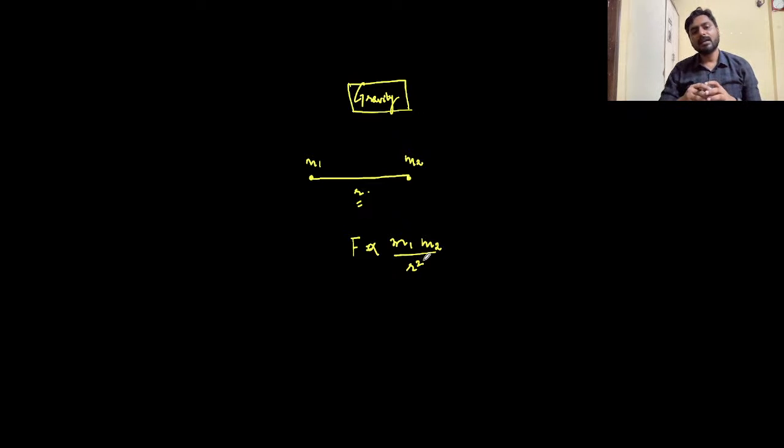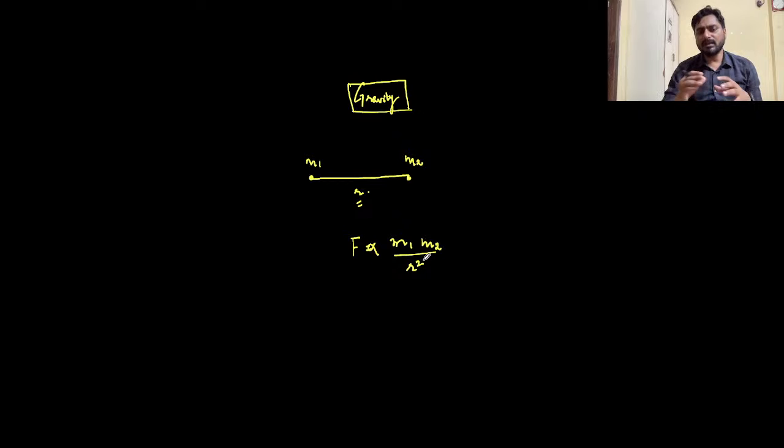What does this mean? The heavier the masses, the more they attract each other; the longer the distance between them, the less they attract each other. This formula was used by Newton to explain the concept of gravity.